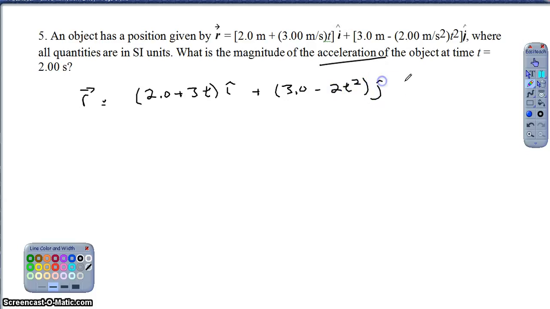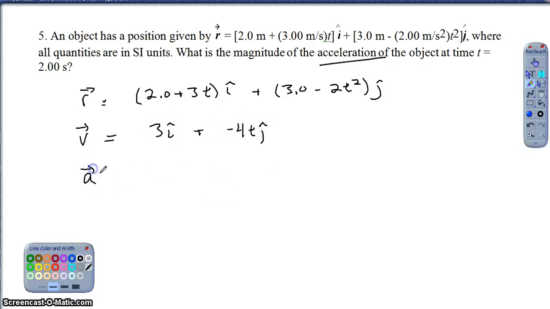If I want to find the acceleration, I'm just going to do two derivatives. So my velocity would be 3i, again the constant going away and bringing that out front. And then over here, the derivative of this, the 3 would go away and it'd be negative 4t j. So again, my vertical component and my horizontal component.